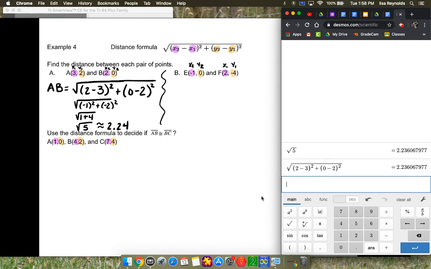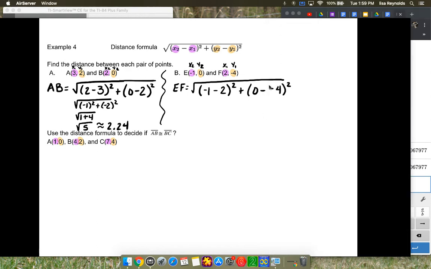So when we look at this one, we're going to find the length of EF. When we fill in our formula, we have that really big square root, (x2 minus x1) squared, plus (y2 minus y1) squared.